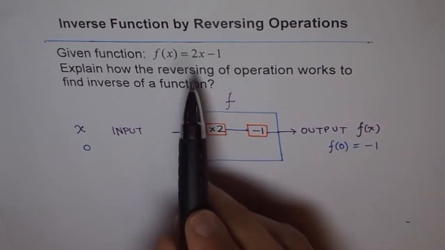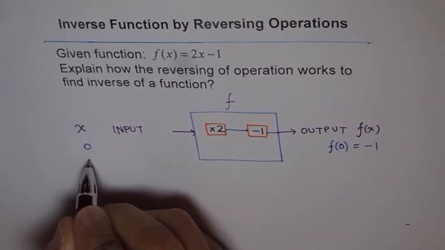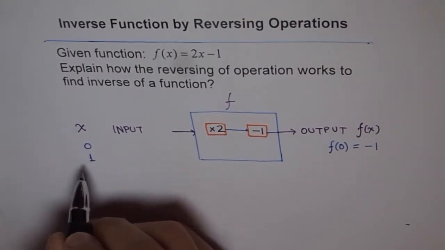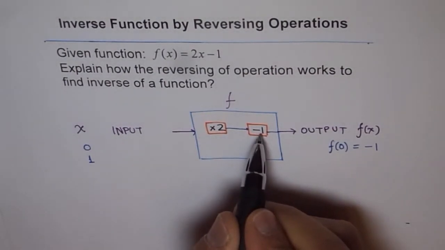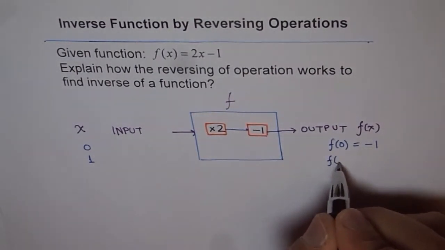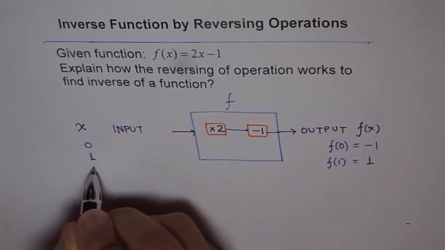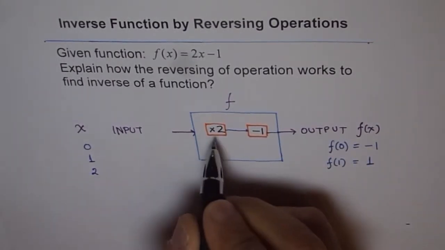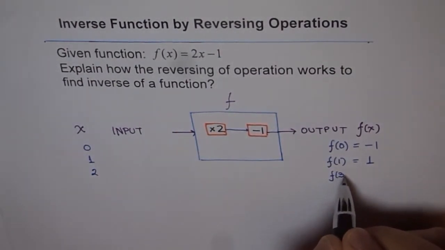If you plug in the value here also, you'll get the same answer. That is what we have done. Now if I put an input of 1, then 1 gets multiplied by 2. So 2 minus 1 is 1. So f of 1 was given as 1, correct? Now if I give an input of 2, then 2 times 2 is 4. 4 minus 1 is 3. So f of 2 is 3.